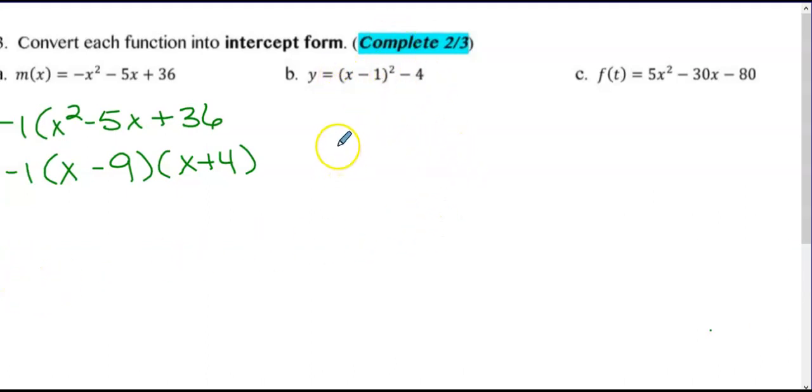This one, I'm going to multiply everything out first and then do intercept form. Remember that x minus 1 quantity squared is x minus 1 times x minus 1.